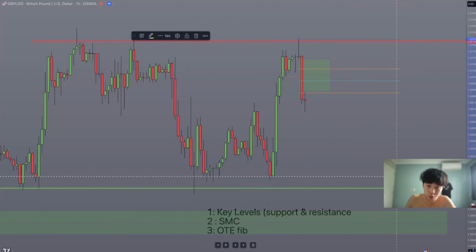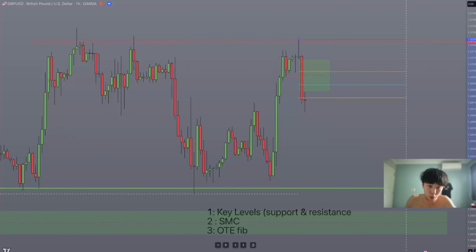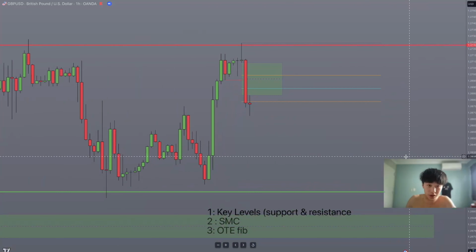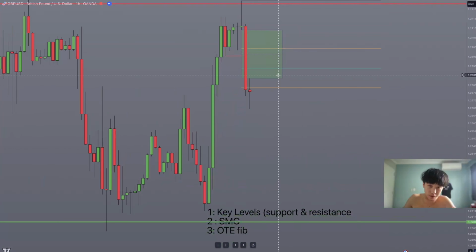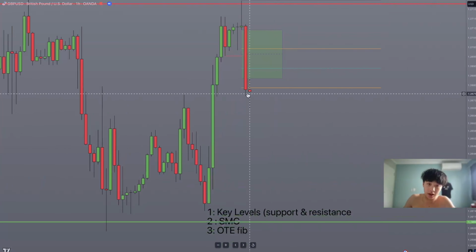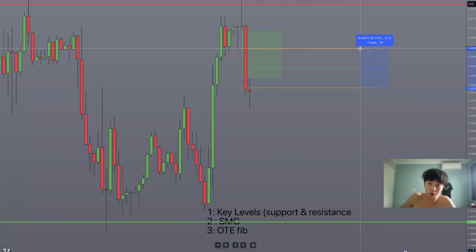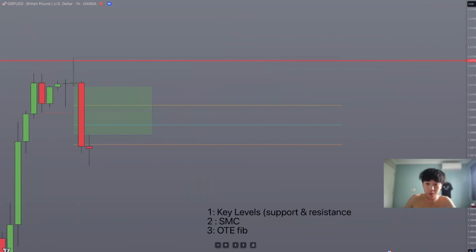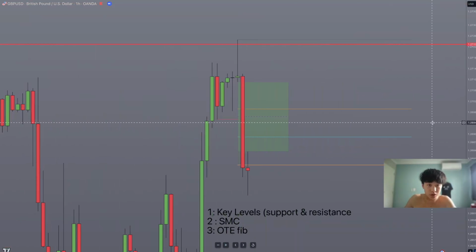So either way, either swing low works, and your optimal trading entry would be inside of the 1 hour fair value gap, and it's not just the blue line, but anywhere in between the orange to the blue is an optimal trading entry. So now what do we want to see?